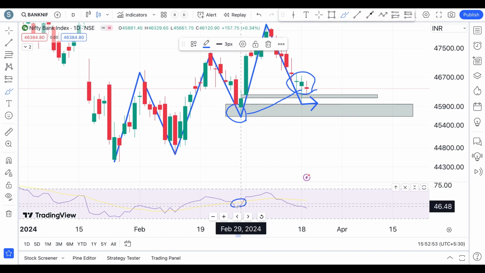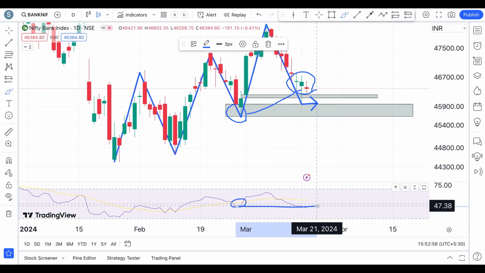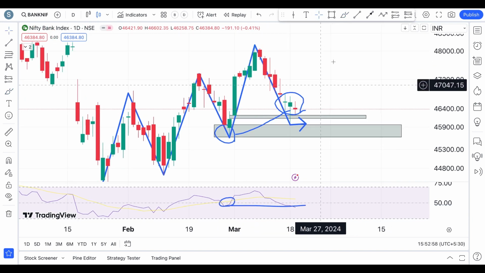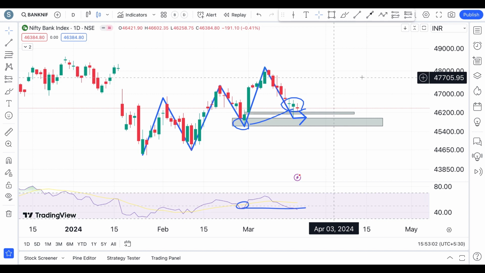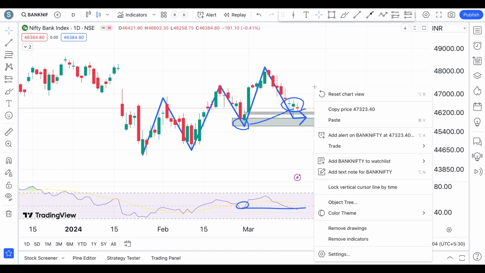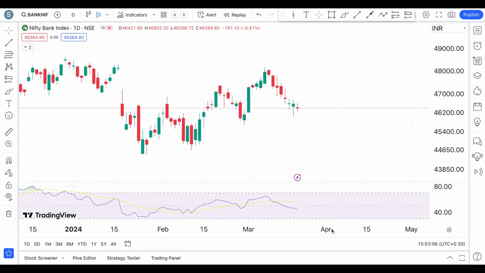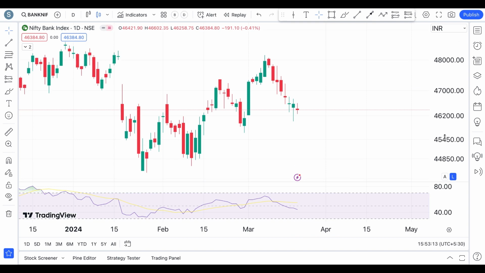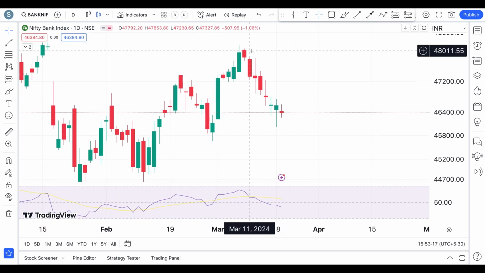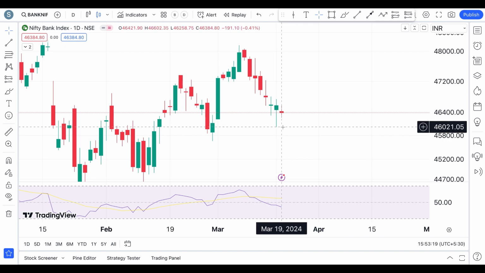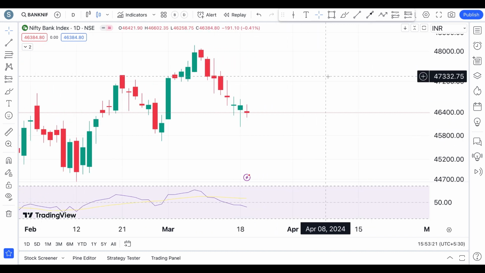But if you see the RSI, it is almost at the same level, which tells us that there is really no strength in the Bank Nifty clearly to take the Bank Nifty towards the upper side. So all you have to do in such situations is wait for a proper reaction, let this momentum settle at some level, and then see a sharp reaction.